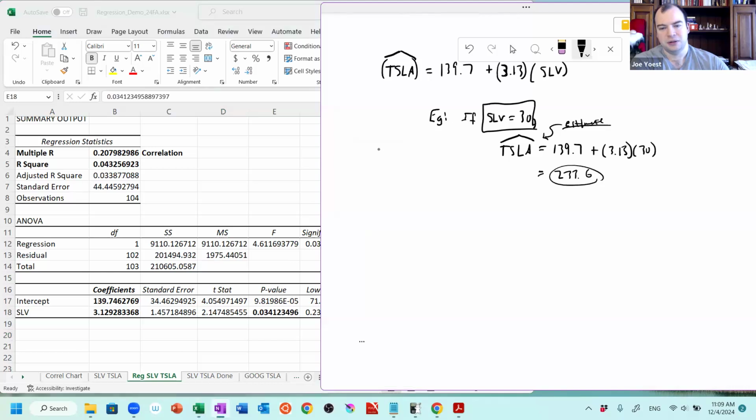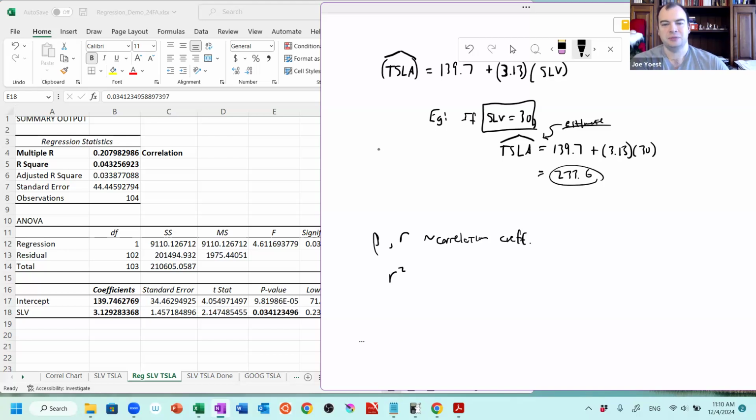Okay, so rho, or R, is the correlation coefficient. It's that thing that describes the nature and degree of linear relationship between two variables.